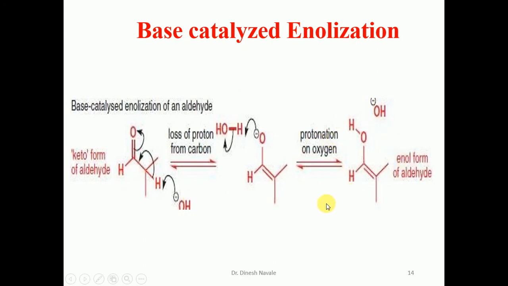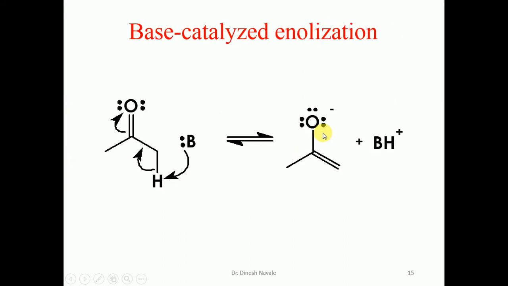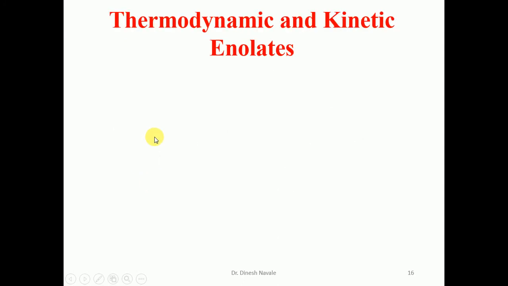In base-catalyzed enolization there are also two steps. The first step is the loss of a proton from the carbon, the alpha hydrogen atom, and the second step is the protonation of the oxygen. This is also the same mechanism: in base-catalyzed enolization, the first step is the abstraction of the alpha hydrogen atom and the second step is the protonation of the enolate ion.